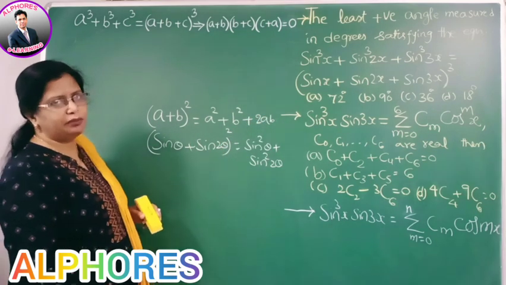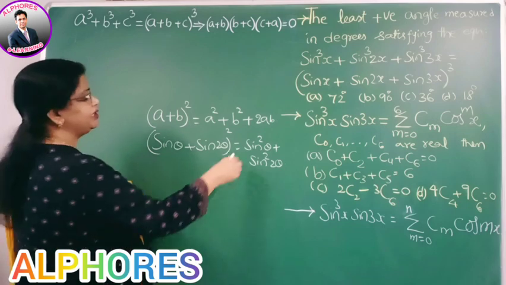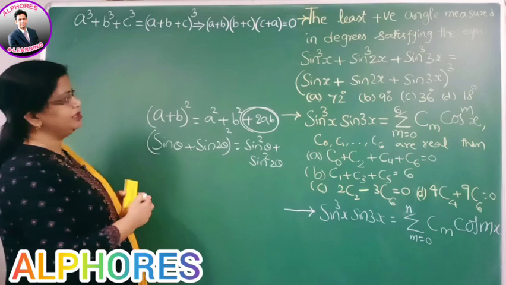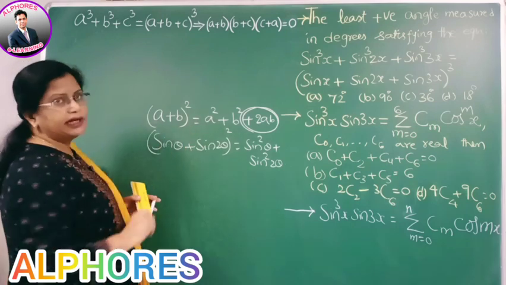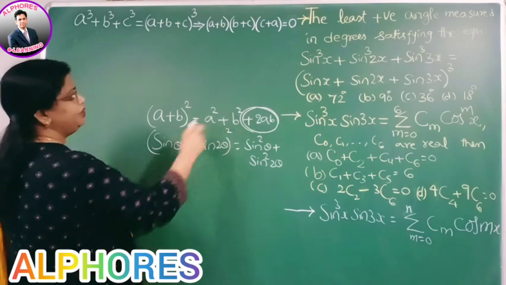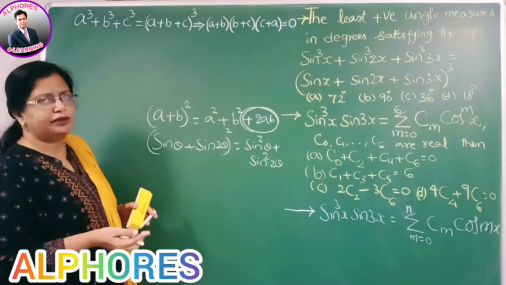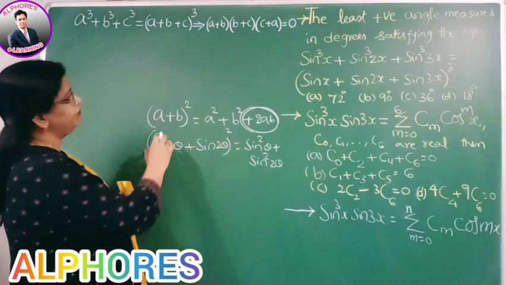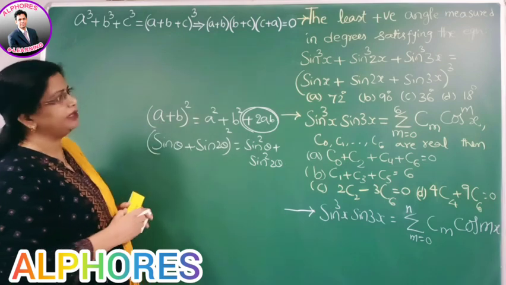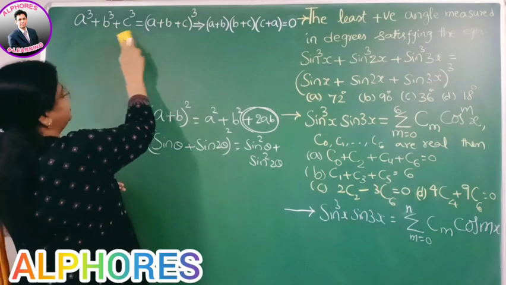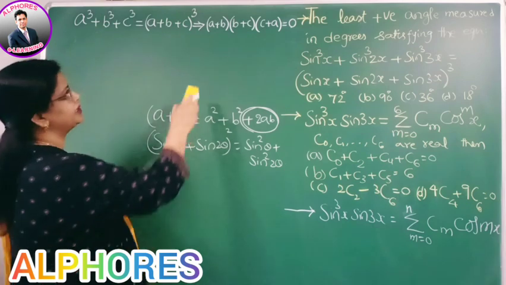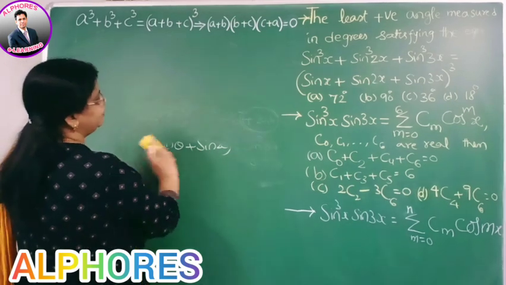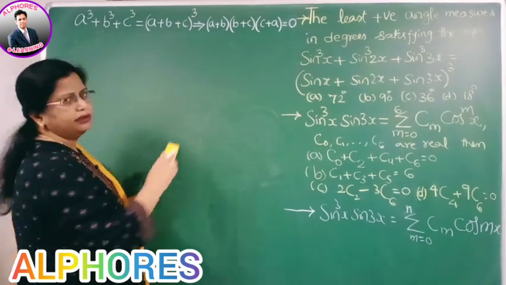This is the actual formula, but here which term is missing? 2ab is missing. Understand? Once 2ab is missing, this equation is satisfied when 2ab equals 0. That means a is 0, or b is 0, or one of the values is 0, or both the values are 0, then we can say this equation can be satisfied. In the same way, here also this algebra equation is satisfied, and this is our formula, right? Now based on that formula, we are going to solve this problem.